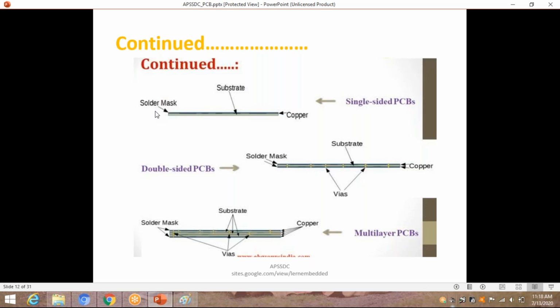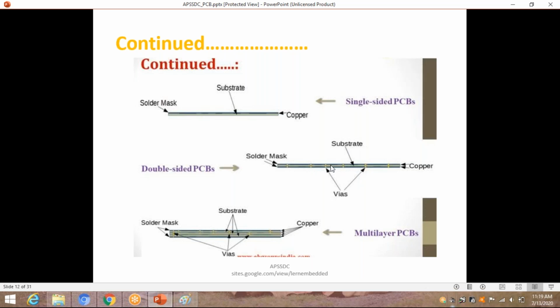Single-sided PCBs have only one copper layer. Whereas double-sided PCBs have two copper layers, two solder masks, and only one substrate. In the center we will be having the substrate, which is the FR4 material.